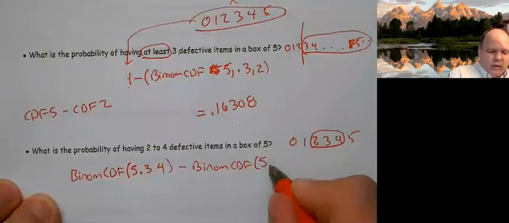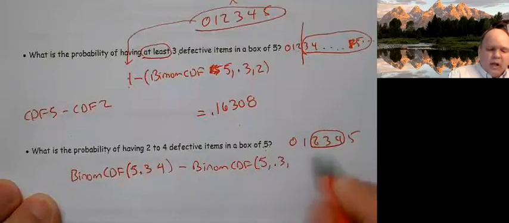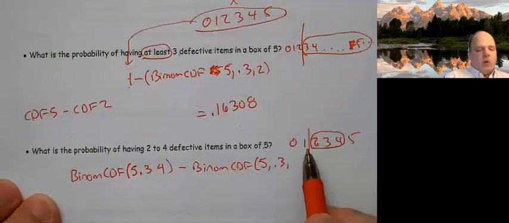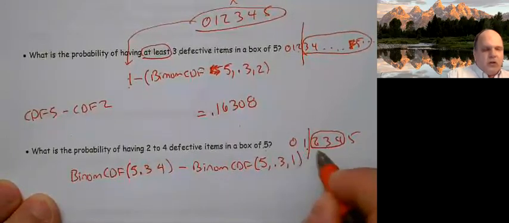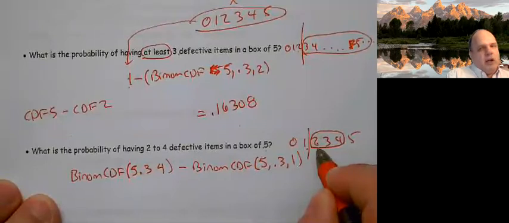Trials are 5, probability is 0.3, and we subtract out what we don't want. Well, the highest value I don't want is the 1. I want that 2, so don't take away that 2 because I want it here.